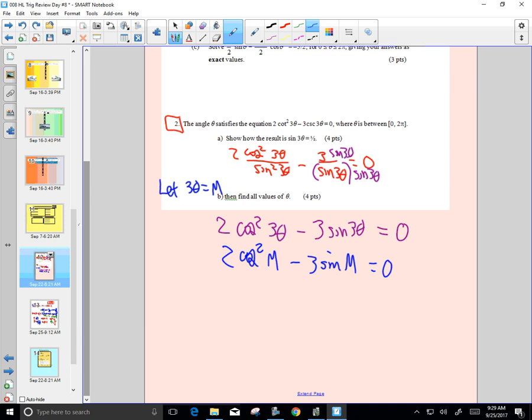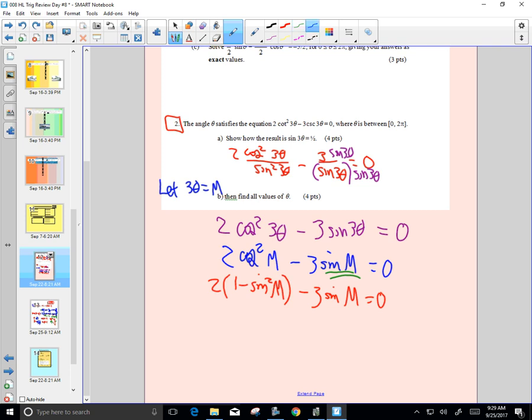Yeah, you need to get it in terms of sine, because to do any factoring, you got to get them in terms of sine. So this is a great setup. Cosine squared is 1 minus sine squared, and then minus 3 sine m equal to 0.